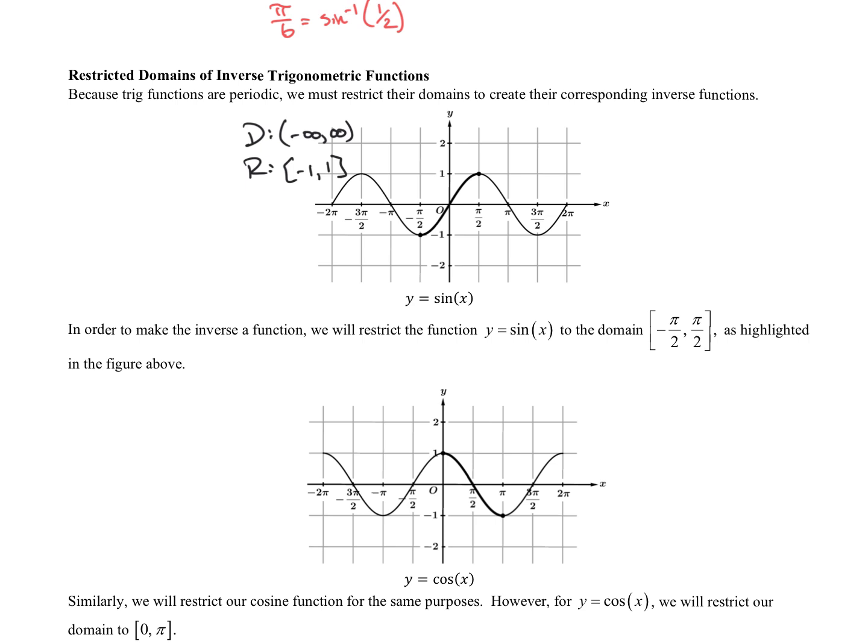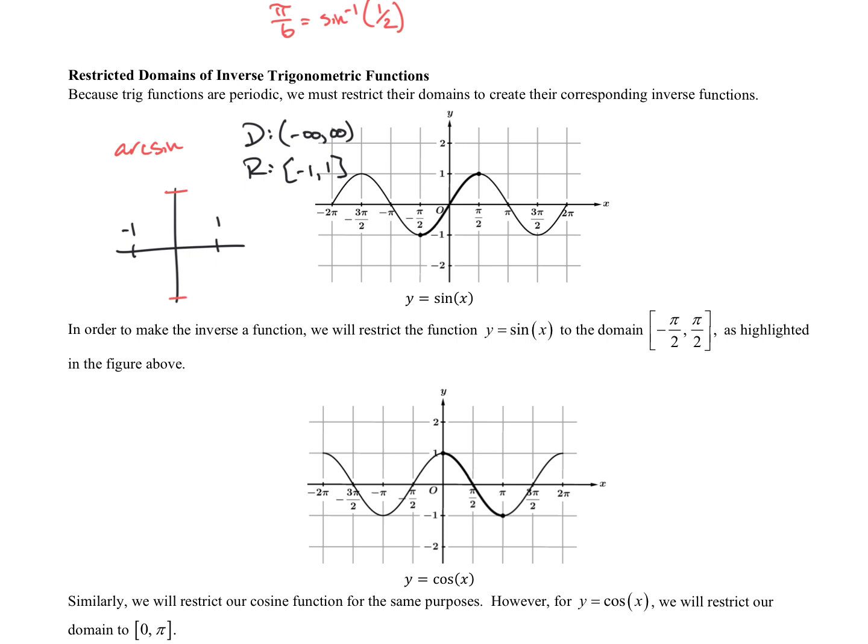And so graphically, I want to talk about that a little bit. I now have a domain from -1 to 1. And now my range is going to be different. Let's think about this in terms of the unit circle. So this is going to be my arc sine.